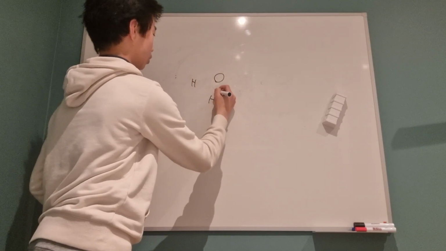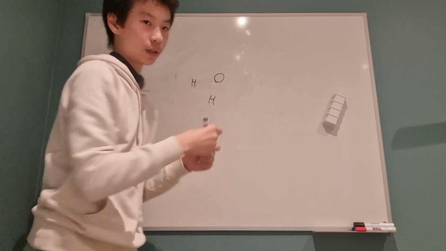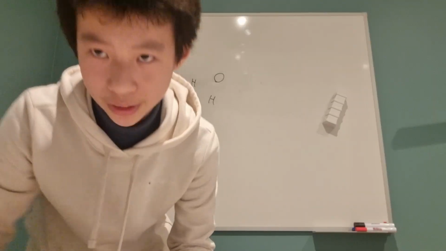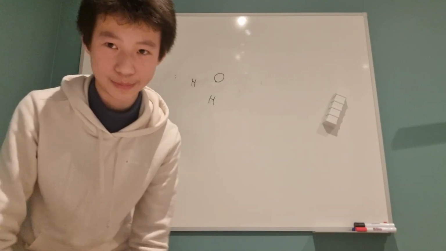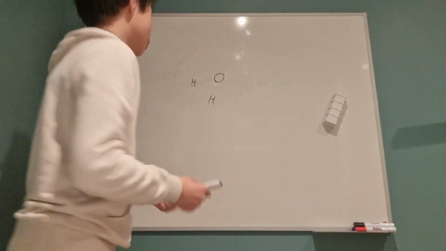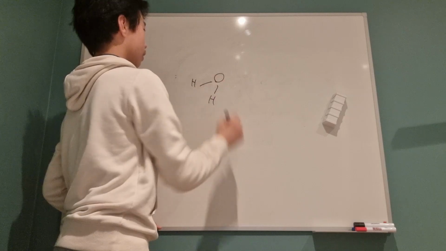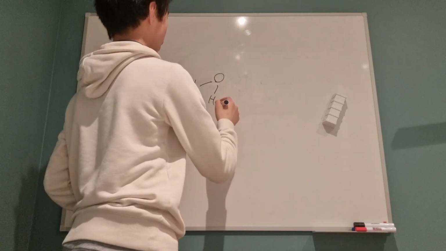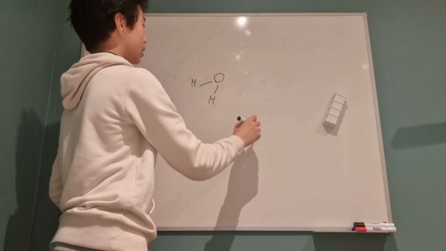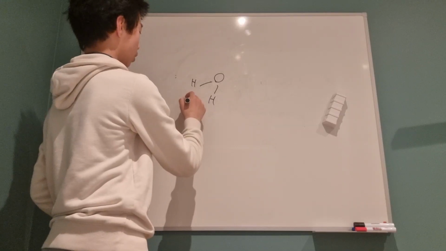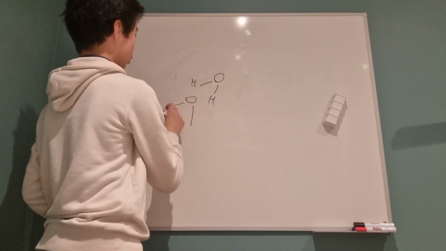And I forgot how to combine them. Wait, let me check. Yeah, never mind. It was actually very simple. My bad. You just do this. And we also have, this is O. Let's say we also have another one. We have oxygen, and we have two hydrogens.